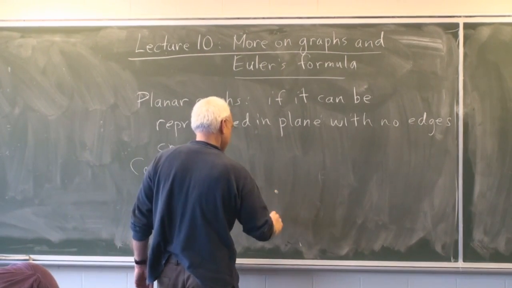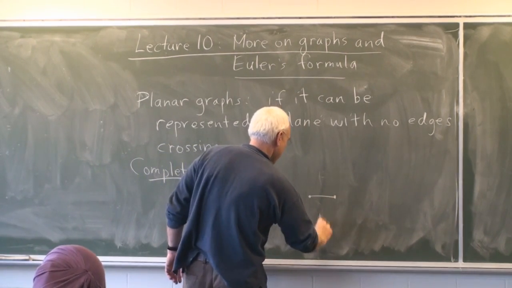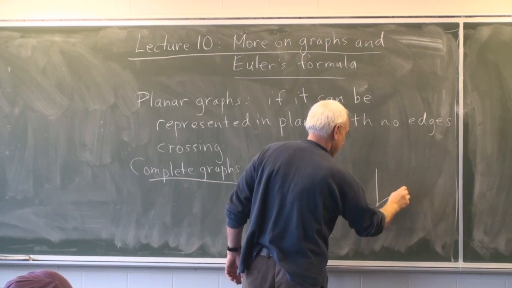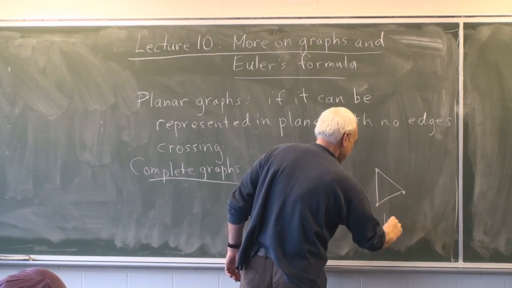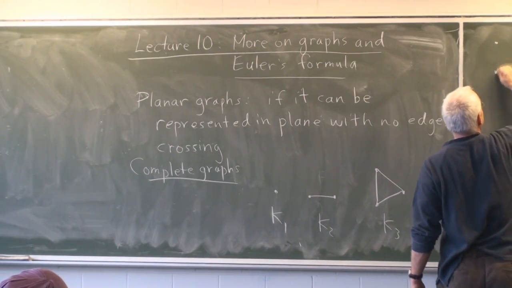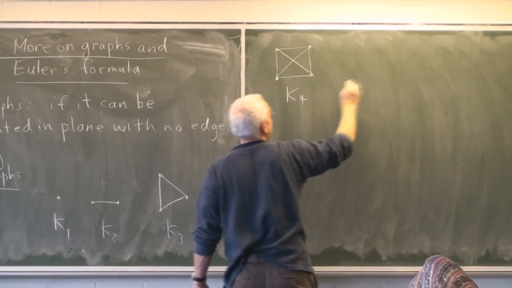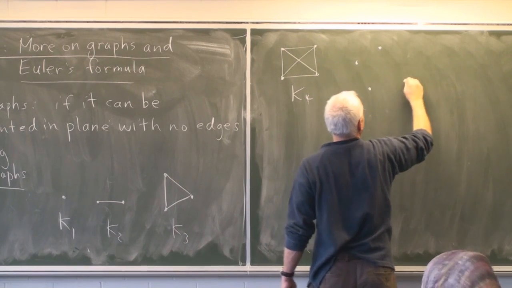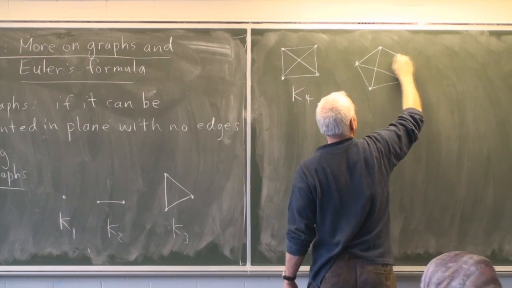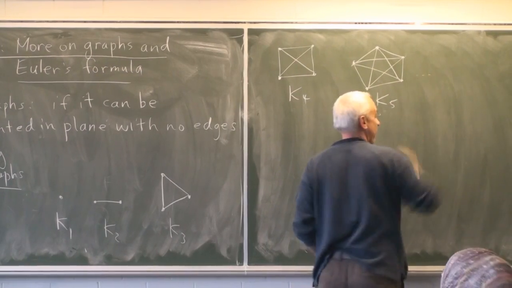Well, there's just K1, K2, K3, K4, and K5, and so on.